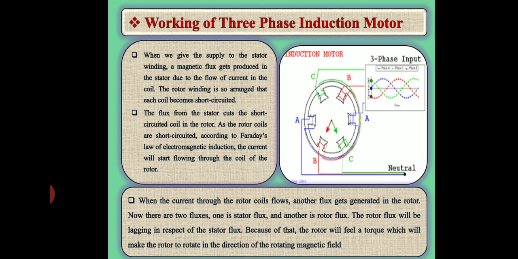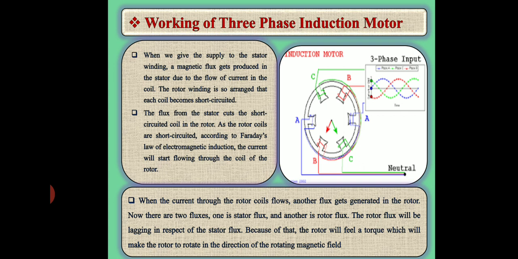Next is the working principle of three-phase induction motor. In the figure, we can see the basic diagram of a three-phase induction motor. When a three-phase AC supply is given to the stator winding, a magnetic flux is produced in the stator due to the flow of current in the coils.